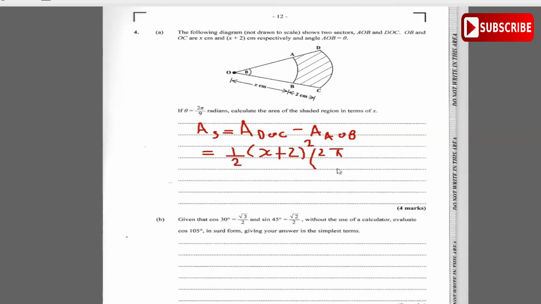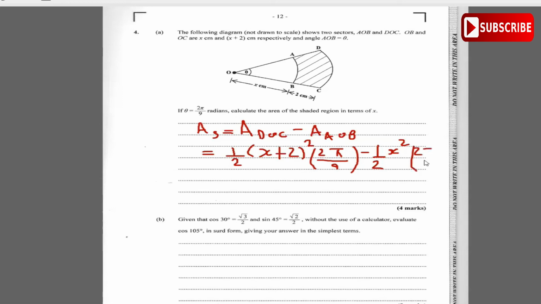So it's a half r squared theta minus a half r squared theta. In this case, r is x. It's a half x squared 2 pi by 9.